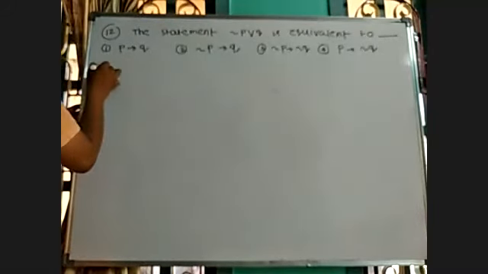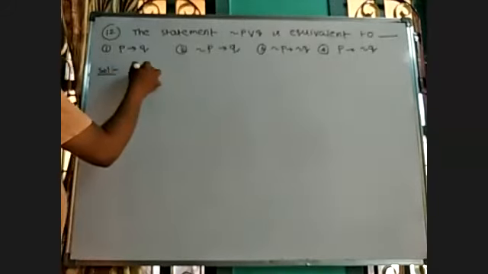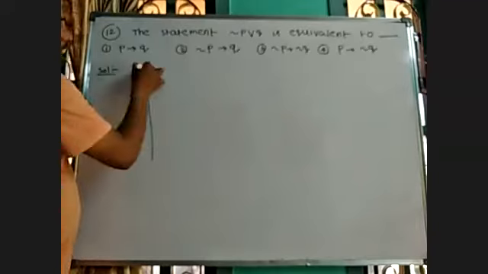What they give first is the statement negation of P and Q. First, you draw the truth table.